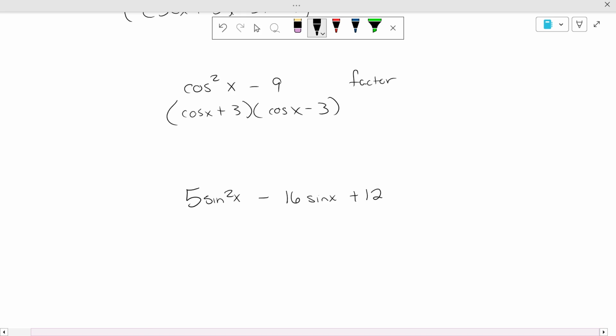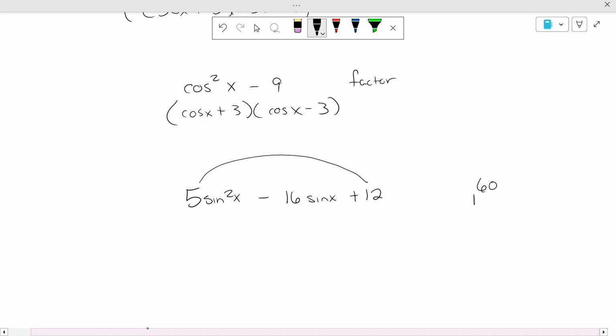How will we factor that? The AC method. Take 5 times 12, which is 60.